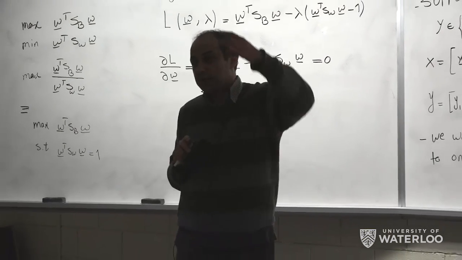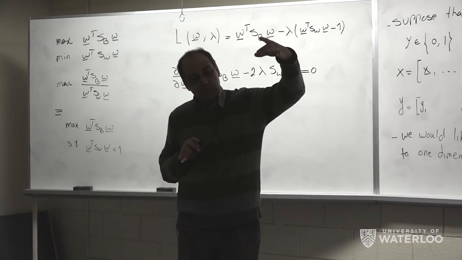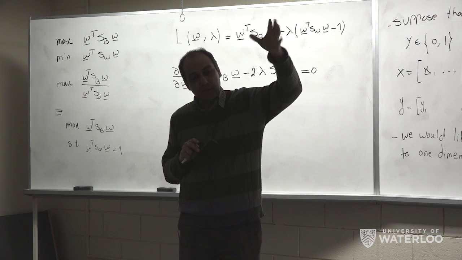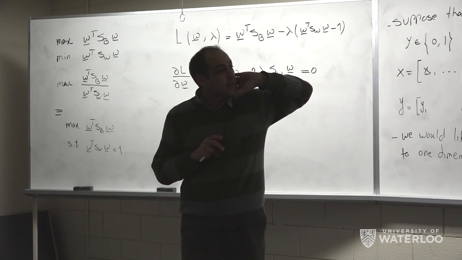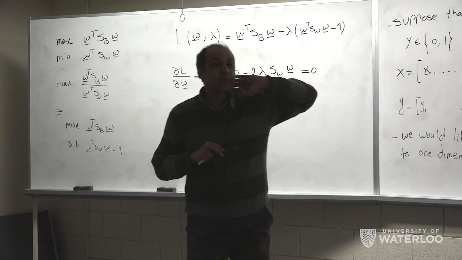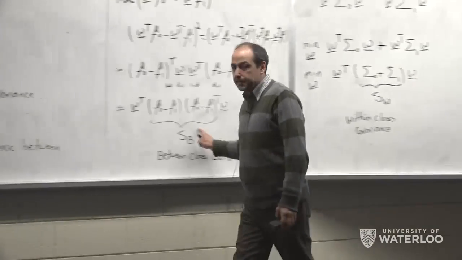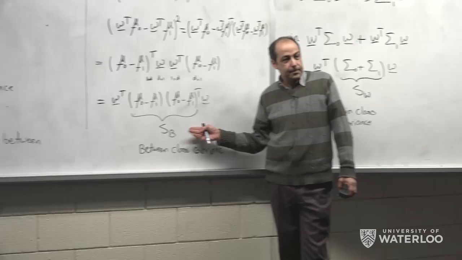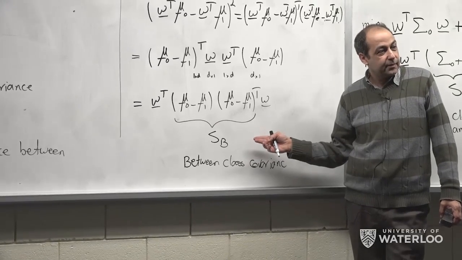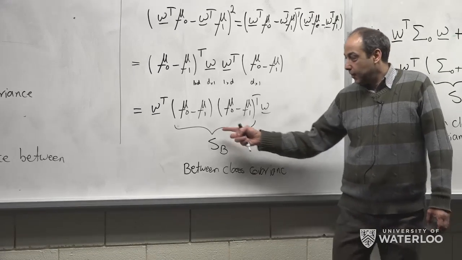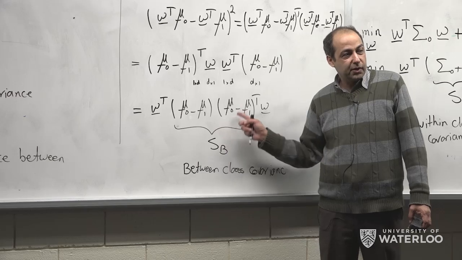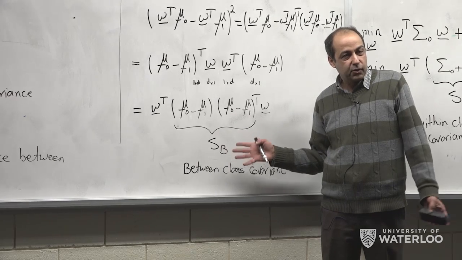SW is a summation of two covariance matrices, so it is full rank, most likely. But what about SB? What is the rank of SB? It's 1. It's a vector times another vector. So the rank is 1.